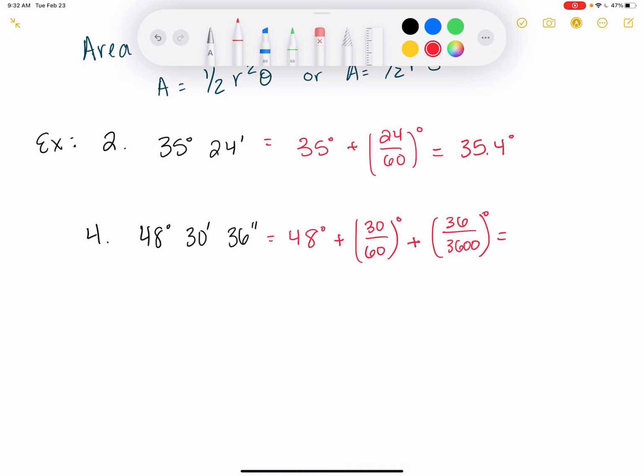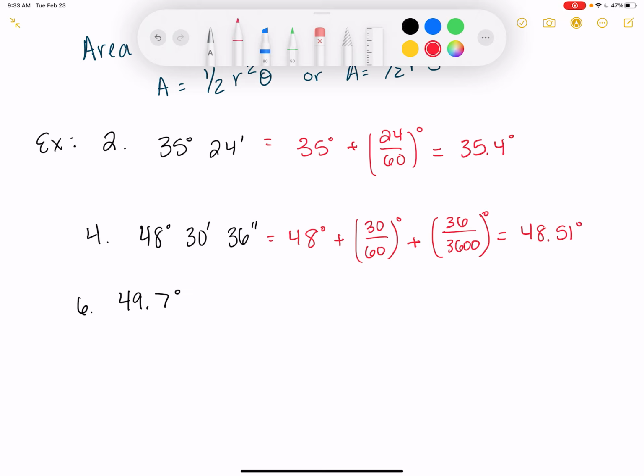Alright, so now we're going to go the other direction, where we have the decimal form and we go to degrees, minutes, seconds. So number 6, 49.7 degrees. What do I have to do for this one? Just do 0.7 and multiply. Yep.